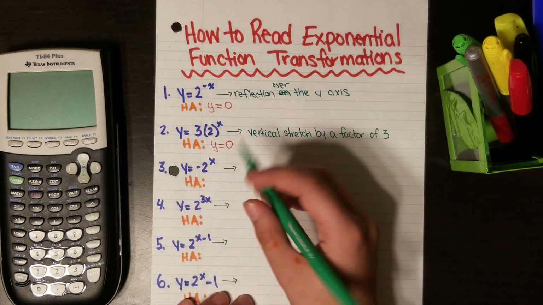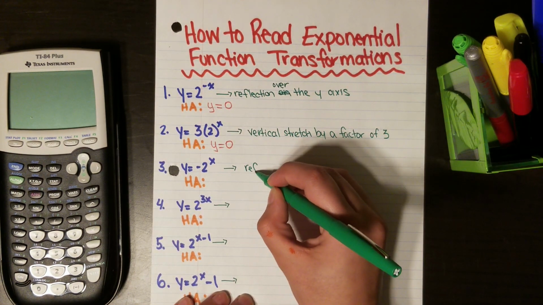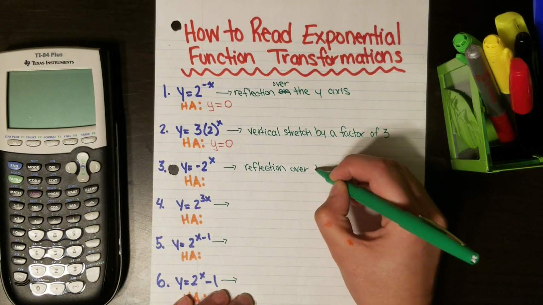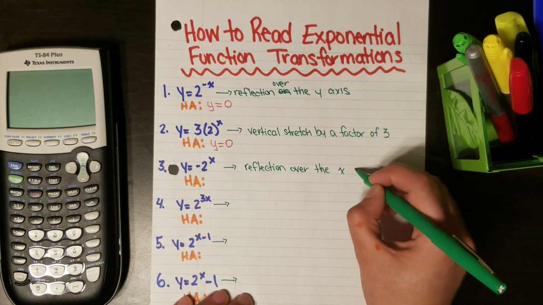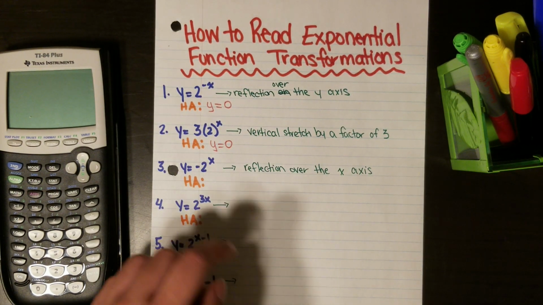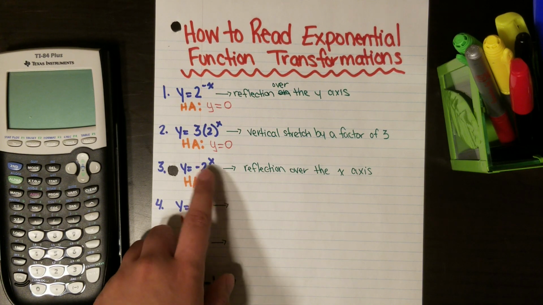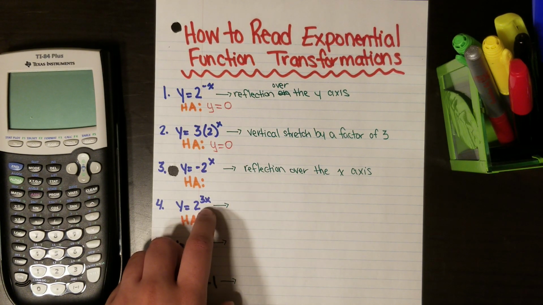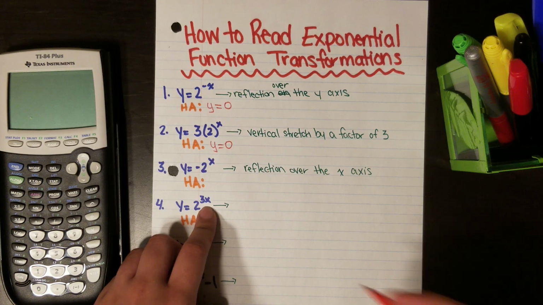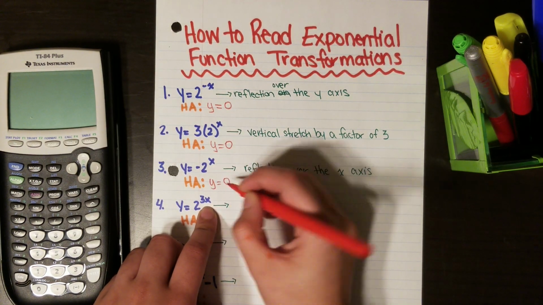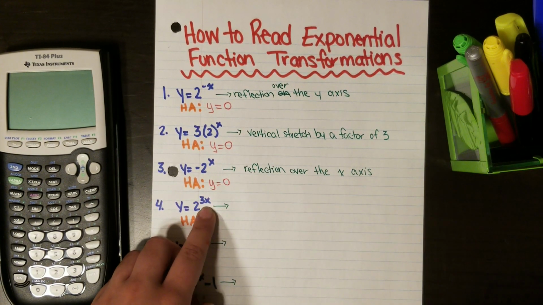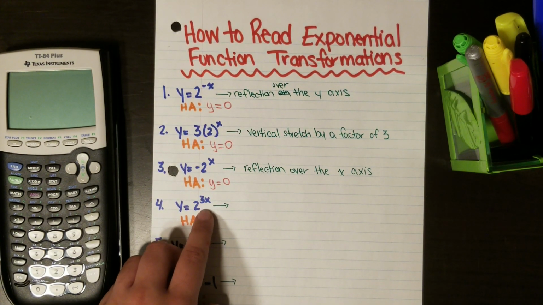Okay, so I'm going to have a reflection over the x-axis. And that's the only thing happening there. And for my horizontal asymptote, there's no vertical shift happening, so I know my asymptote is still going to stay the same. You can try multiplying that y equals 0 by the negative, but it's still going to be 0. You can't have negative 0.